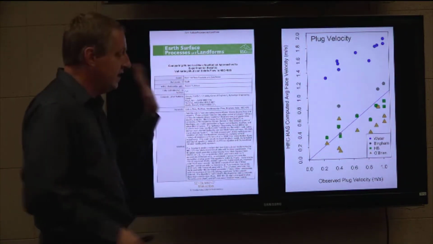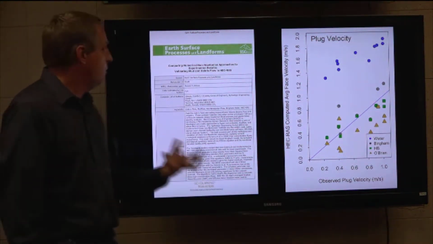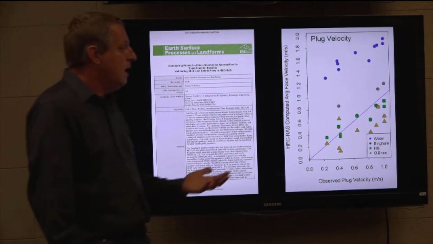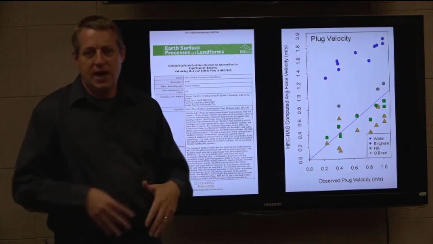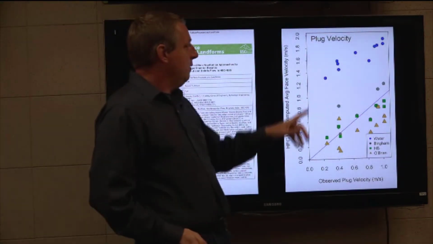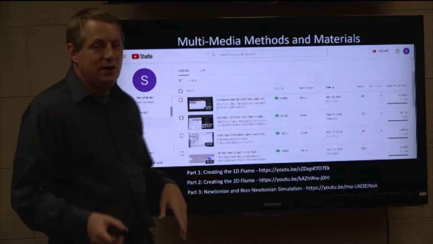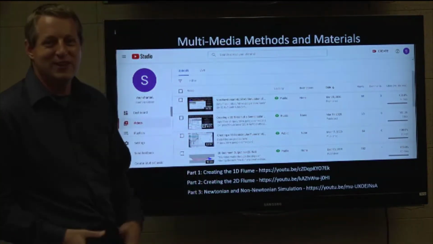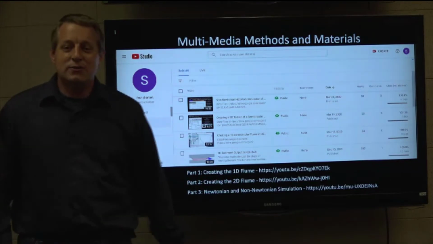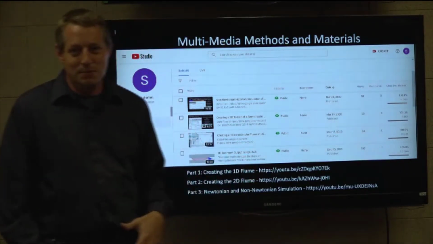And so we've got these findings in a paper. The paper's in revision with Earth Surface Processes and Landforms. And we did it with multiple of these rheological models that we have in debris lib. But one of the nice things, if you're one of the people who don't really love reading journal papers, is that we developed a multimedia methods section.